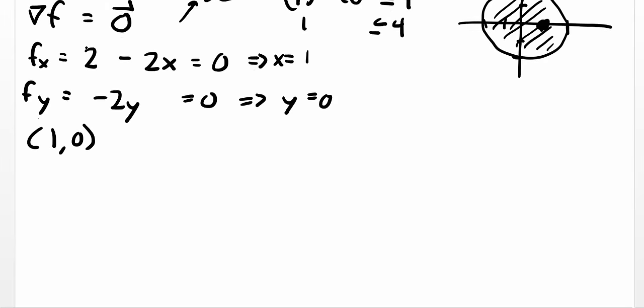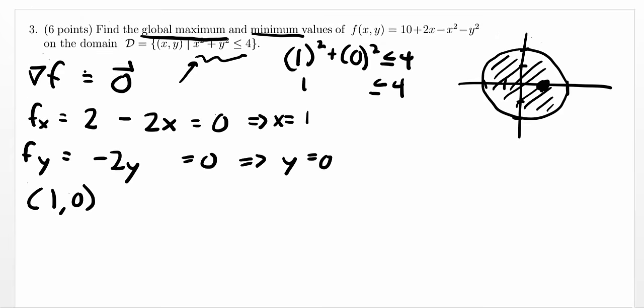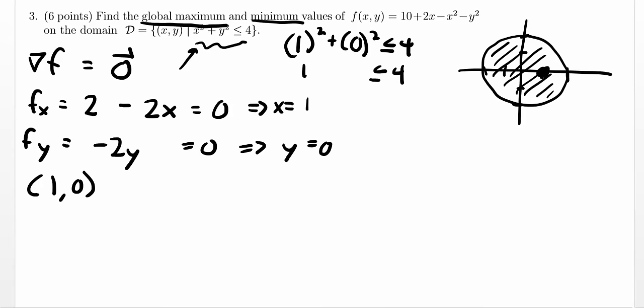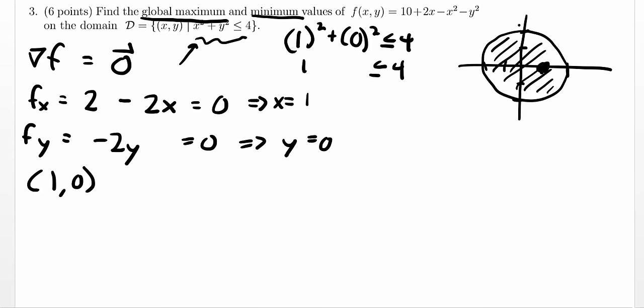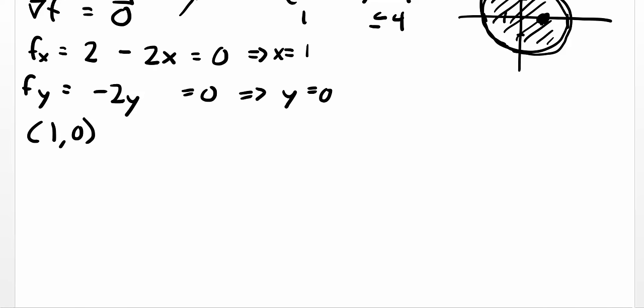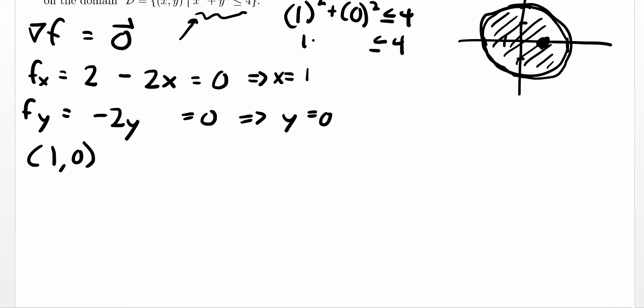Okay, so here's where we're going to split into two different techniques. We tested the interior of our region. Now we have to test the boundary, which is a little bit difficult to do when you have a circle. So what we're going to do first is parameterize the circle.